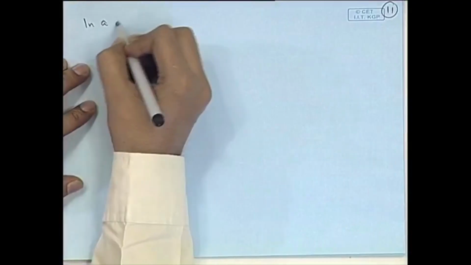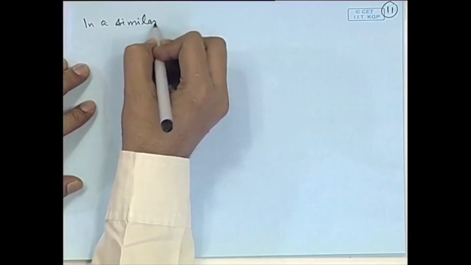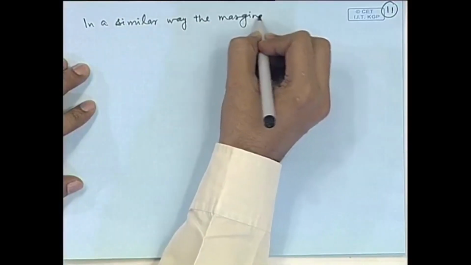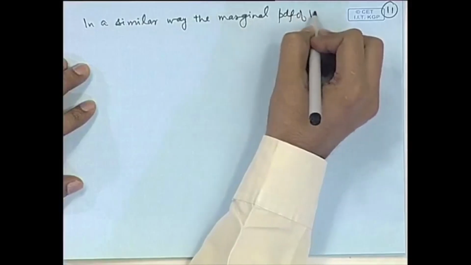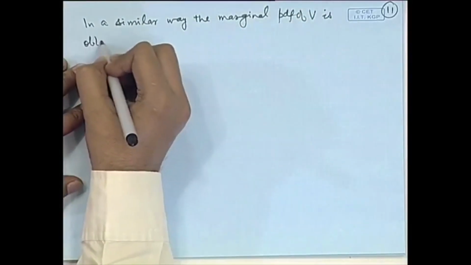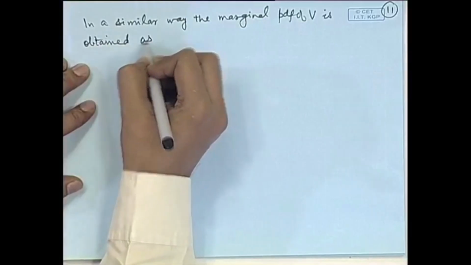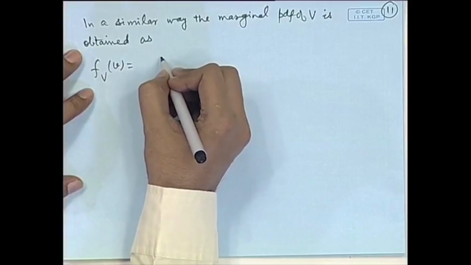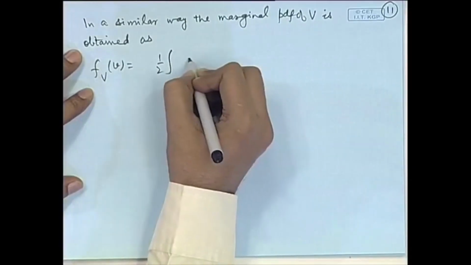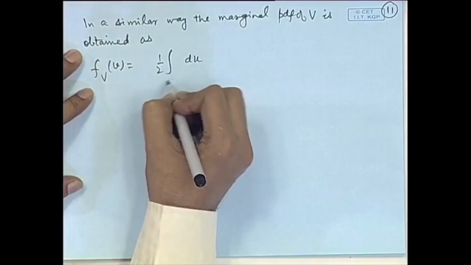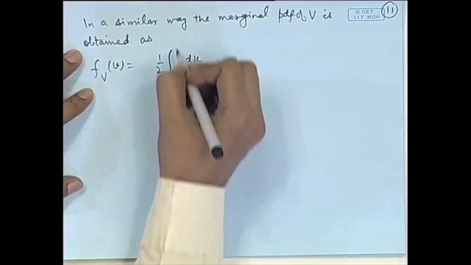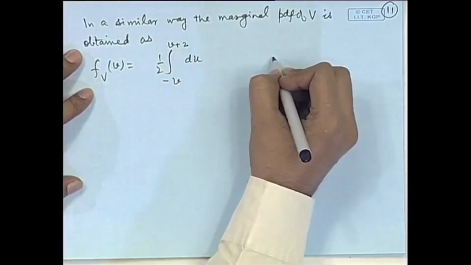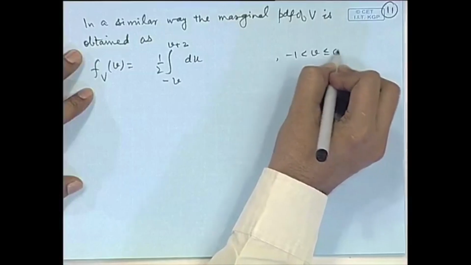In a similar way, the marginal PDF of V is obtained as f_V(v). It is the integral of half with respect to u from minus v to v plus 2 for minus 1 less than v less than or equal to 0.